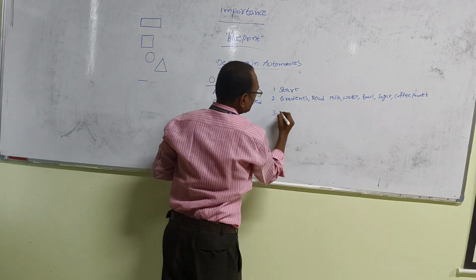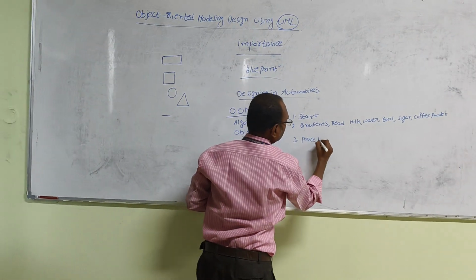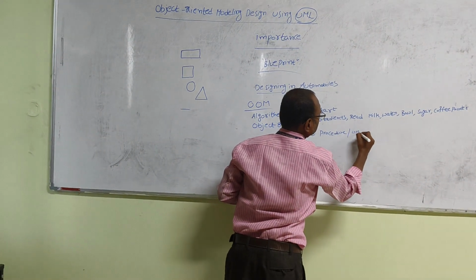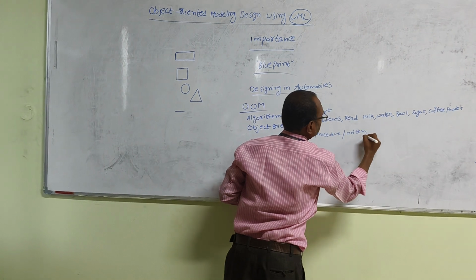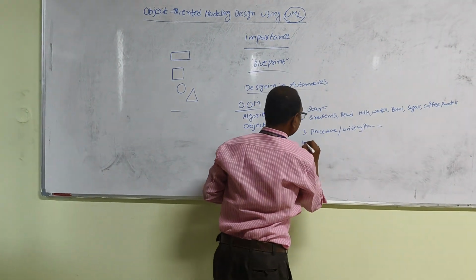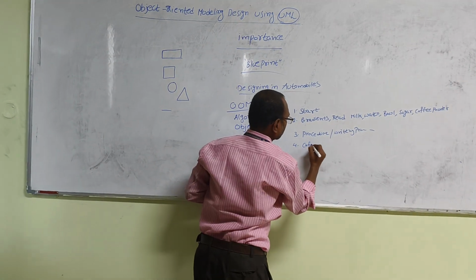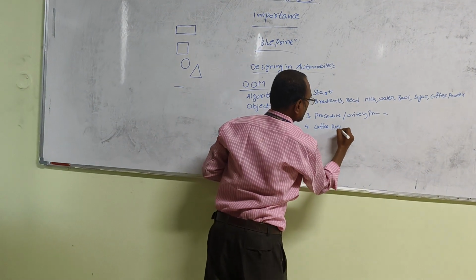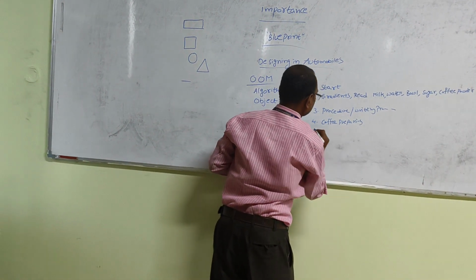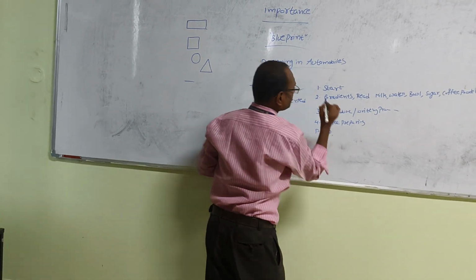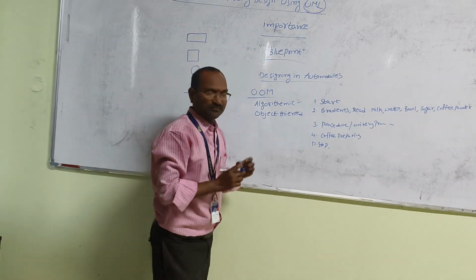Next, the third step is the procedure or writing the process. Next, four is the coffee preparing. Five is finish. This is a simple set of steps of the algorithm process.